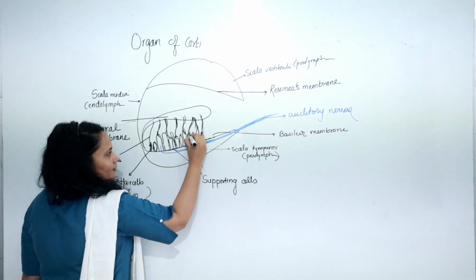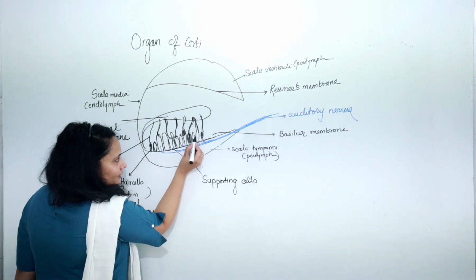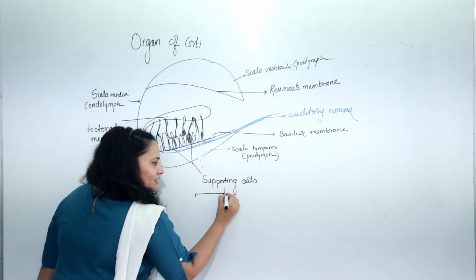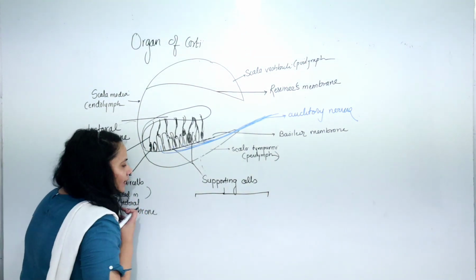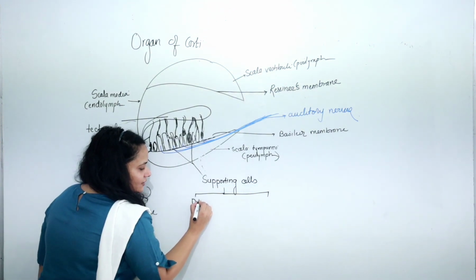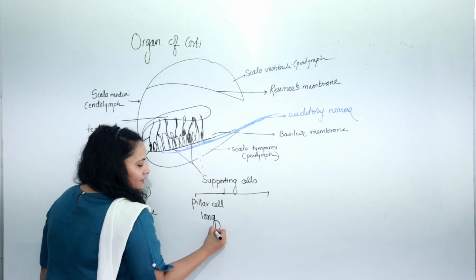You can see these are hair cells, which on the lower side are supported by other cells, and these are known as supporting cells. Now supporting cells are differentiated into two types according to their shape. The first is the pillar cells. Why do we call it pillar? Because they are long in size.